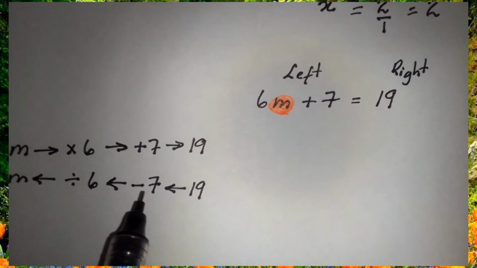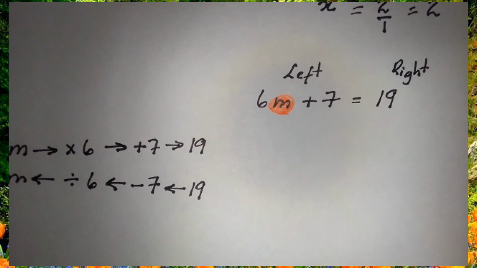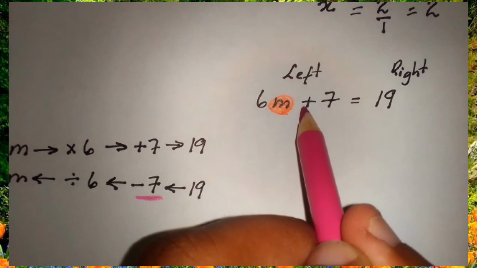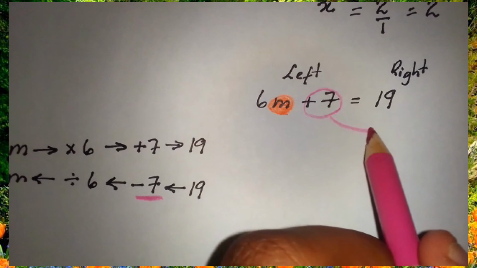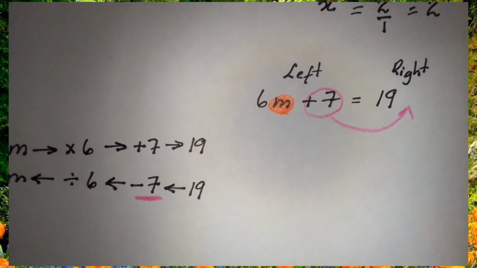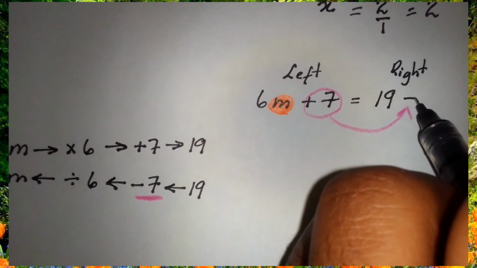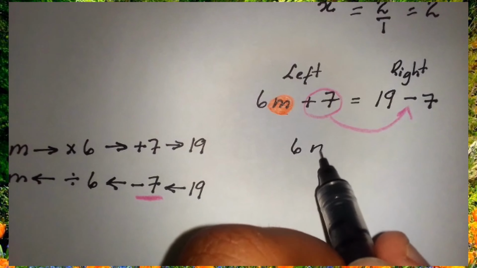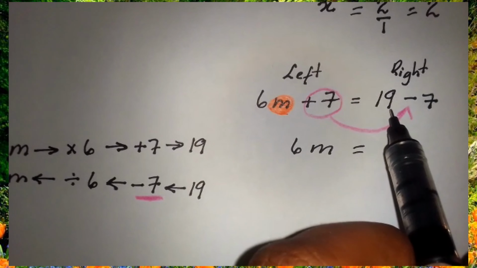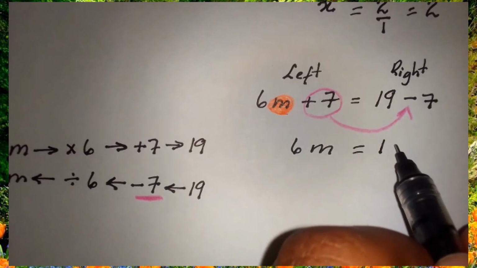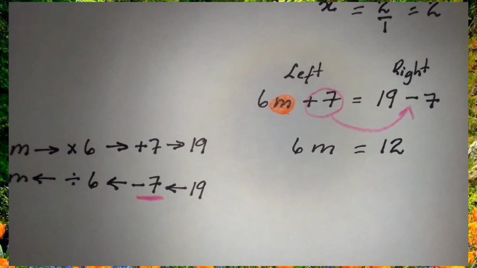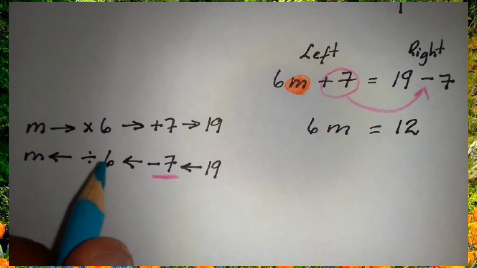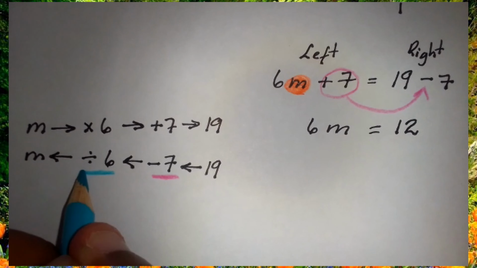Starting at 19, first I'm going to subtract 7. So I'm moving this 7 across the equal sign and it becomes a minus 7. So I'm left with 6m is equal to 19 take away 7, which gives us 12. Looking back at the flow chart, my next step says I should divide by 6.